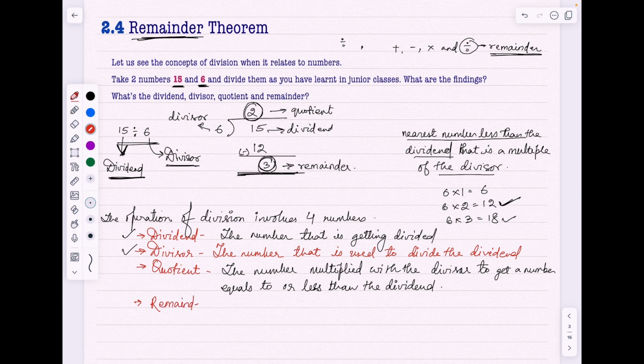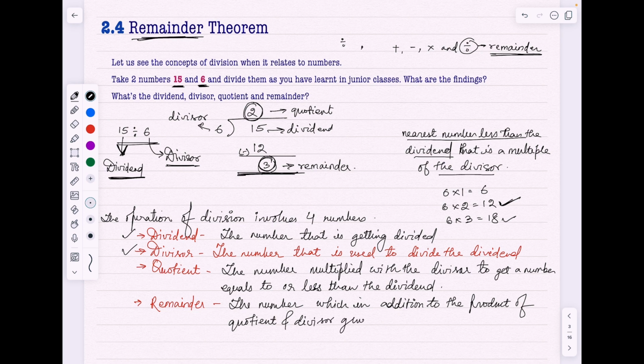What is the remainder? Remainder is the number which, in addition to the product of quotient and divisor, gives the what?